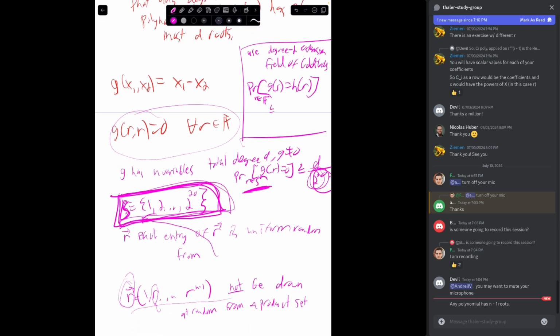This is at most the degree of G and H over the size of the field, so they'll make sure the size of this field is like 2 to the 128. Goldilocks itself has size 2 to the 64, but a degree 2 extension of Goldilocks has size 2 to the 128. And then this probability will be cryptographically low.